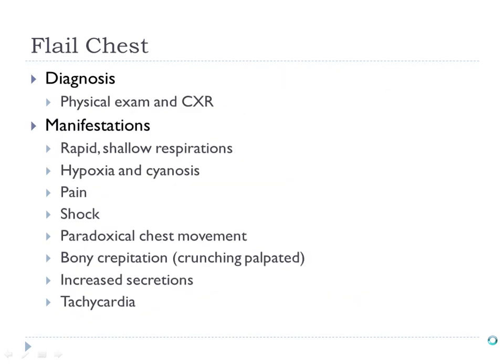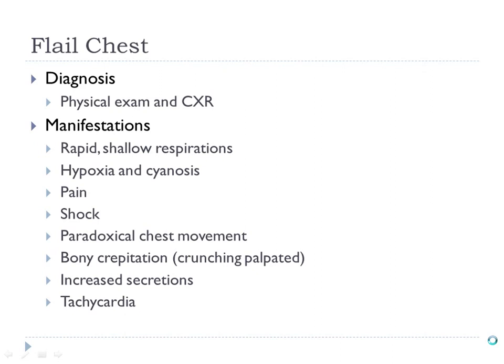Sometimes these patients can compensate, sometimes they don't compensate very well. The way this is diagnosed is simply by seeing it, feeling it, and also a chest X-ray, which will show the fractures. Signs include alterations in respirations, hypoxia, and lots of pain. They could go into shock because they are hypoxic. You may feel bony crepitus because bones are grating together.